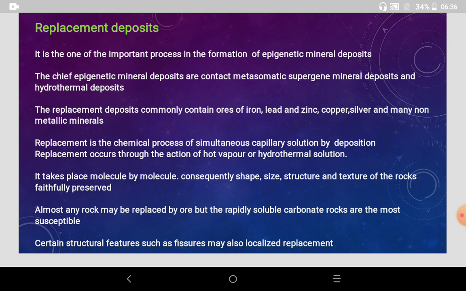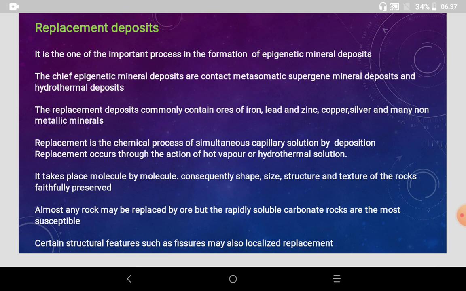Almost any rock may be replaced by ore, but the rapidly soluble carbonate rocks are the most susceptible. Certain structural features such as fissures may also localize replacement. Replacement occurs through the action of hot vapors or hydrothermal solutions.